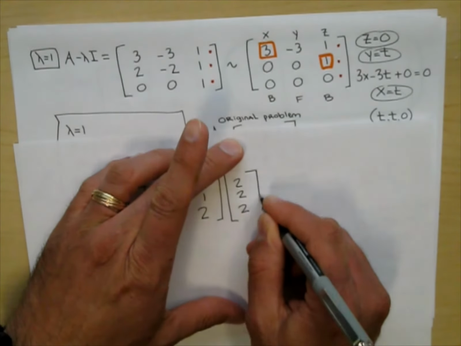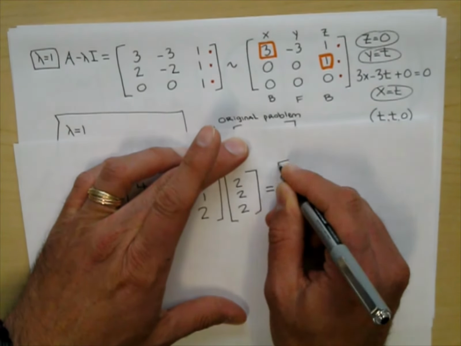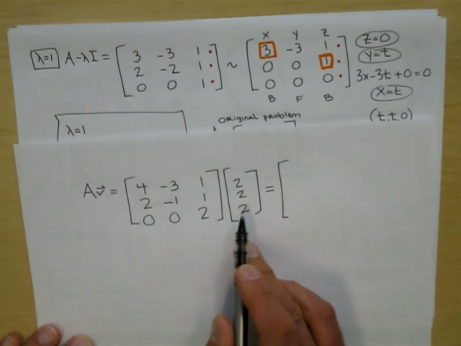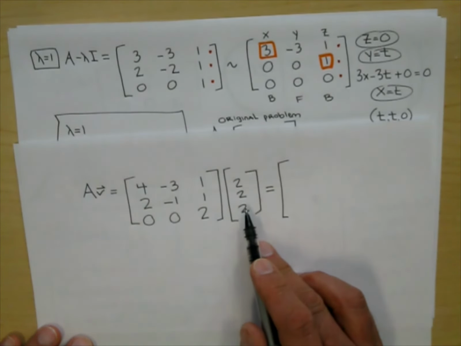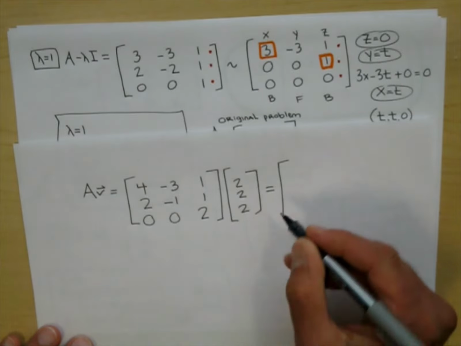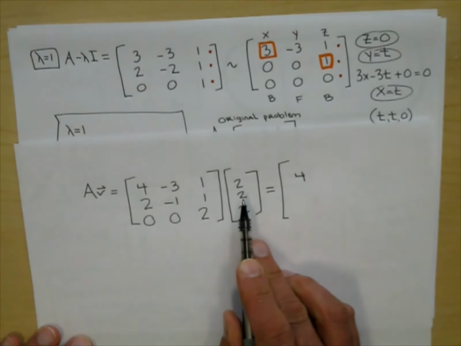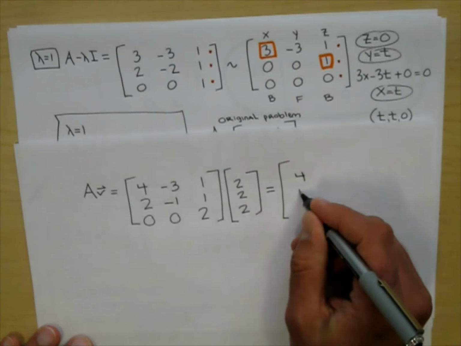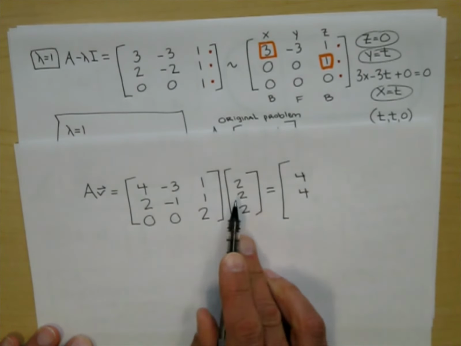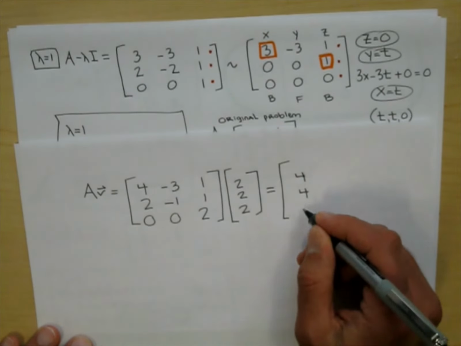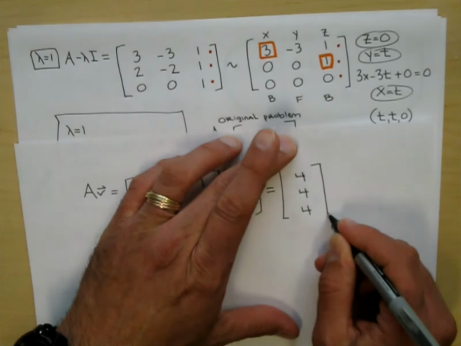I'm just checking this out here. When I multiply, I get 8 minus 6, so that's 2, plus 2, that's 4. The next one is 4 minus 2, so that's 2, plus 2 is 4. And then the last multiplication, 0 plus 4. And look what I have.